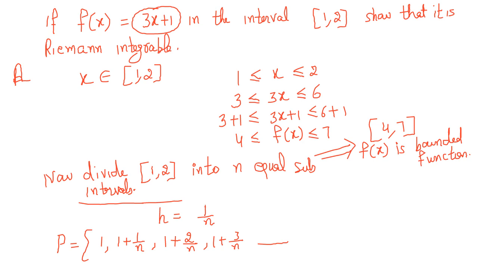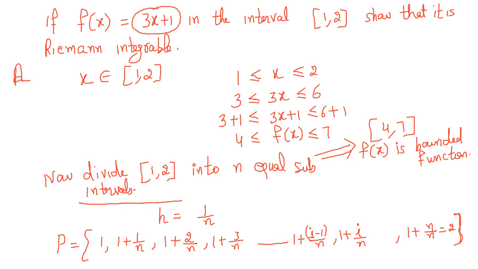1 plus n by n, so it is your 2. So in between, you have to take other values also. So it is 1 plus (i minus 1) by n, and next 1 plus i by n.